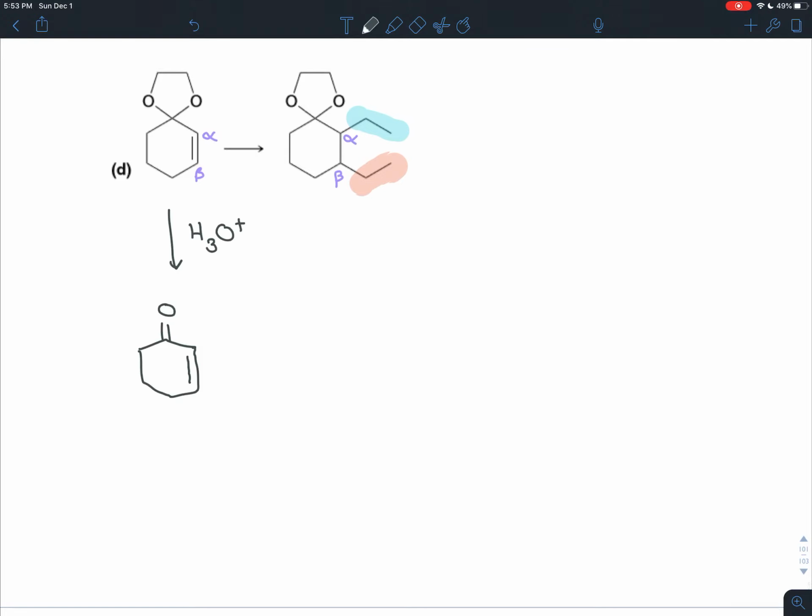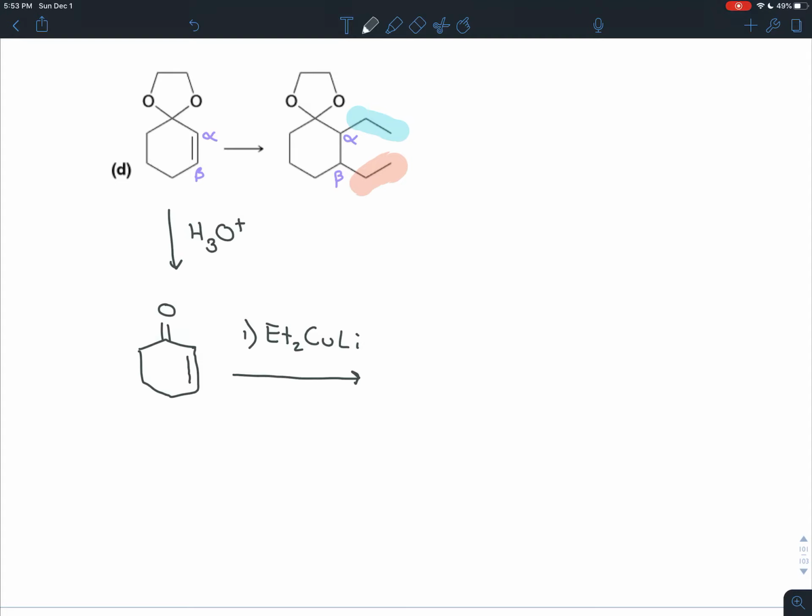And we can dialkylate this. We can alkylate the alpha and beta positions. First, we're going to use a weak nucleophile, a Gilman reagent, to attack the beta carbon. We have an ethyl group, so we'll have diethyl lithium cuprate. That will give us an enolate up here when that attacks the beta carbon.